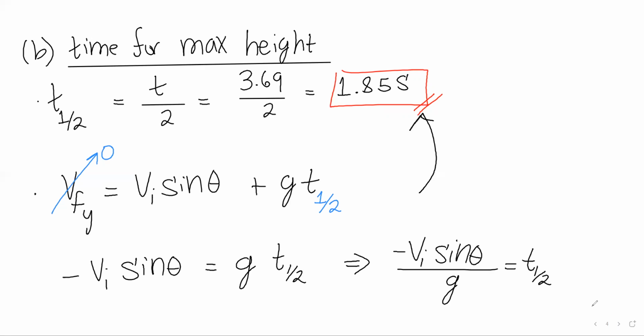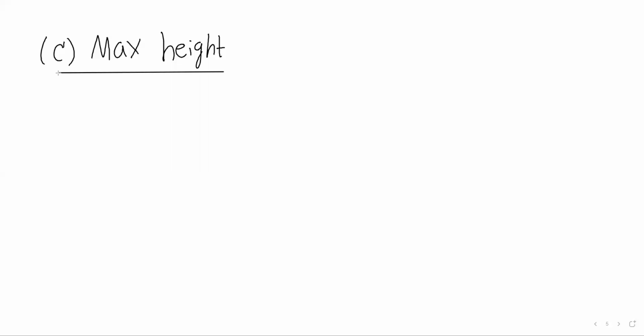Good. So moving on to part C, that would be the maximum height. Let's see. So for part C, the maximum height achieved by the projectile, well, as we said, that should be the y coordinate of the vertex.